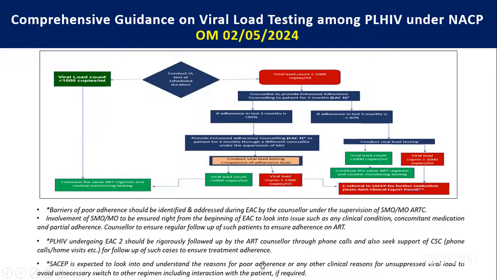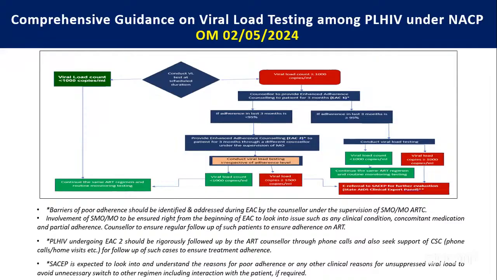Now, the small bullet points are very important. Barriers of poor adherence should be identified and addressed during EAC by the counselor under the supervision of the SMO or MO of the ART center. Involvement of MO and SMO to be ensured right from the beginning of EAC to look into issues such as any clinical condition, concomitant medication, or drug interaction, and partial adherence.